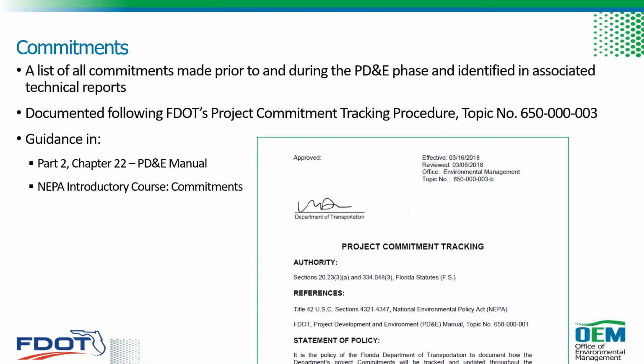Commitments should be documented according to FDOT's project commitment tracking procedure, and guidance on appropriate commitments and preparing them, and also how to prepare this section of the form is found in Part 2, Chapter 22 of the PD&E manual. And we do have a computer-based NEPA introductory course on commitments available as well for more information.